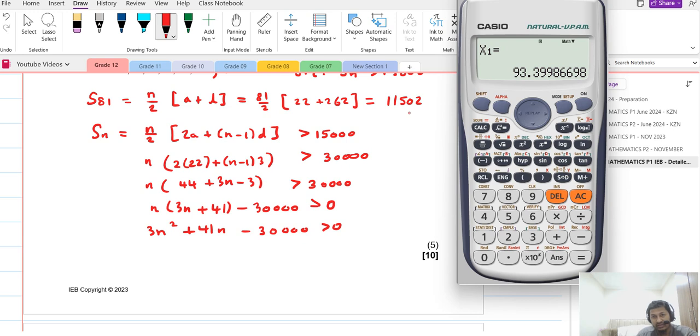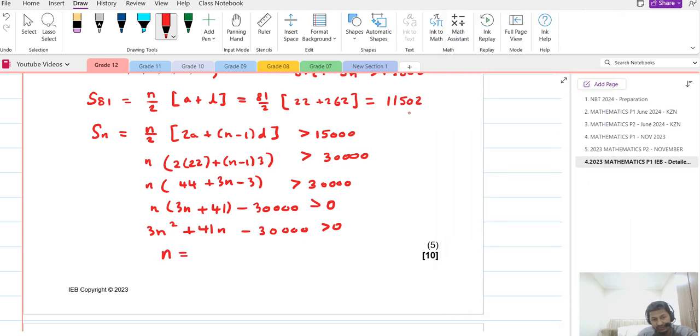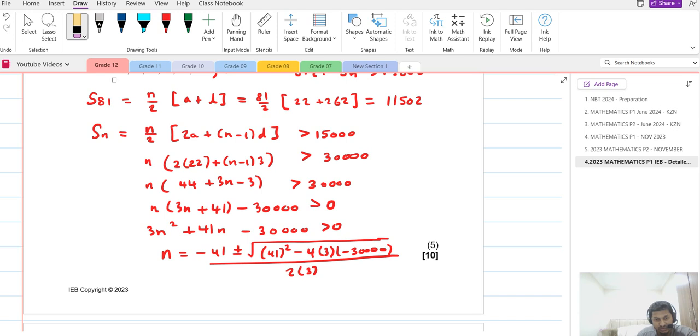Okay, let's try this out. So we need to use the quadratic formula. n equals minus b plus or minus the square root of b squared minus 4ac, where b squared is 41 squared, minus 4 times 3 times negative 30,000, all divided by 2a, 2 times 3. We want the minimum number of terms, so you don't have to put greater than 0. The first value that will give me an answer greater than 0, that's what I'm going to check.